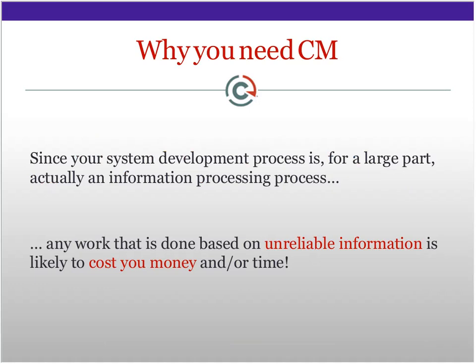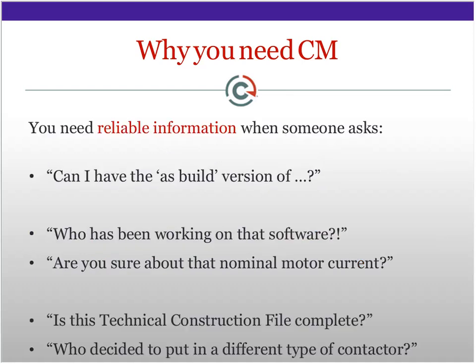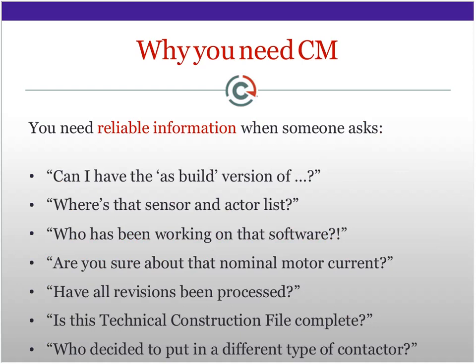You can imagine that someone makes a typo in some order for some component, and you will end up with maybe 100 pieces of the wrong component, only because of poor information. And you need reliable information when people start asking questions like, can I have the as-built version of that central actor list?